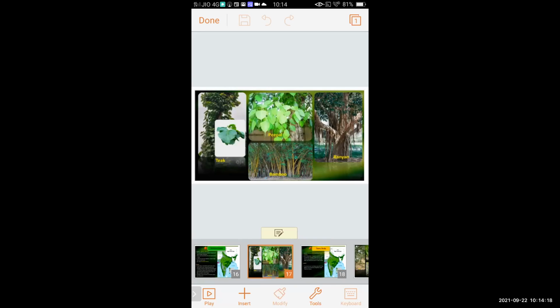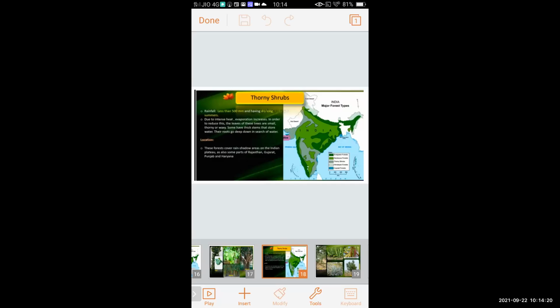Now, thorny shrubs. This type of forest is also found in India. For thorny shrub forest, the rainfall is less than 500 mm and there is a dry, long summer. Thorny shrubs means we can imagine what kind of plants are there. Thorny plants are grown in this region.